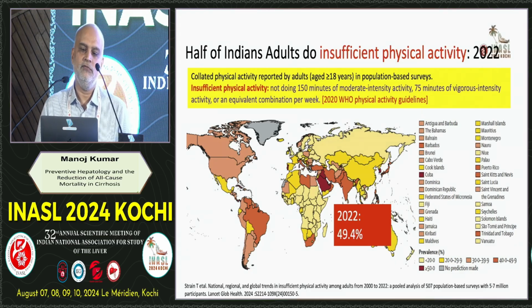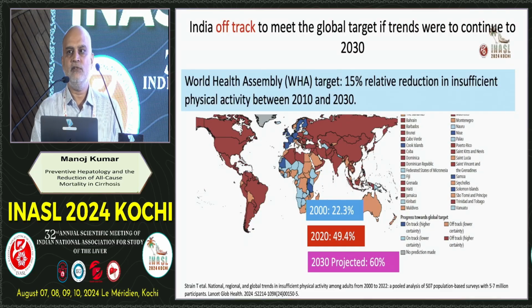About half of Indians do not have sufficient physical activity; this was the 2022 data. About 50% of the population in India does not do adequate physical activity, and India is quite off track to meet the global target if trends continue like this.